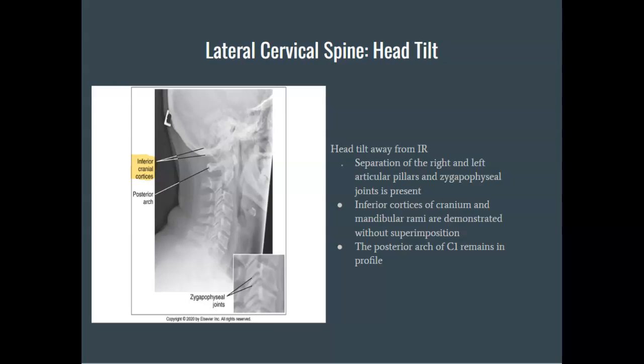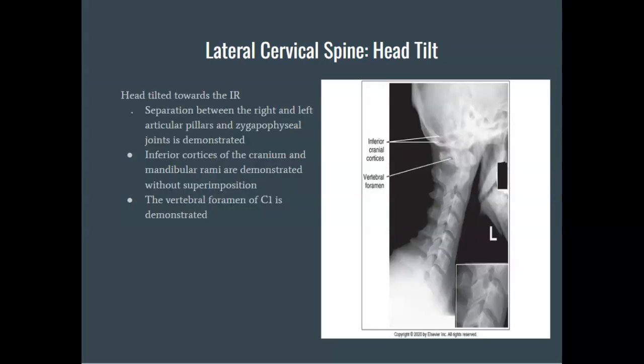And you'll see the posterior arch of C1 remains in profile. When it remains in profile, the head is tilted away from the IR. You'll see in the next picture when the head is tilted towards the IR, that posterior arch is not in profile, and you actually visualize the vertebral foramen. Let's take a look.